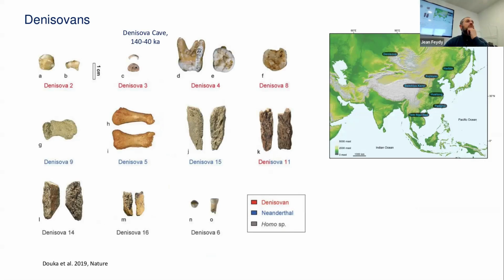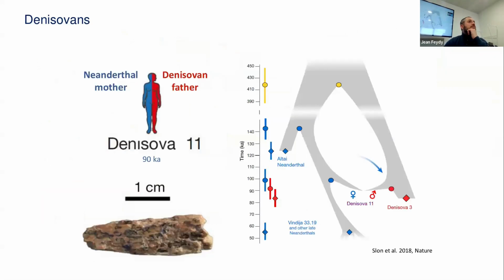Some are not published, but not much. 5 or 6 genomes. Based on the study of modern animals and what they know from hybridization between modern animals, they could show that it's the case of hybridization in human species.